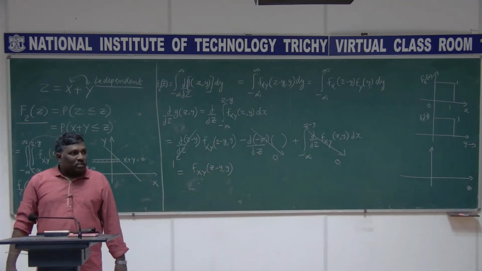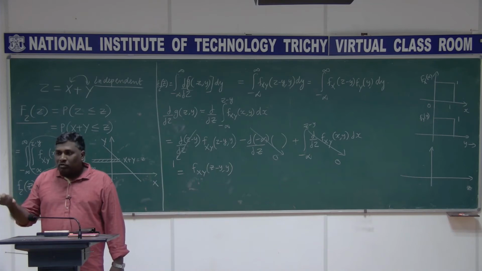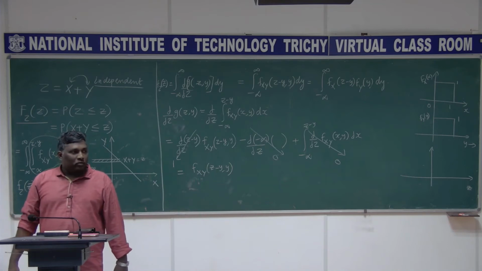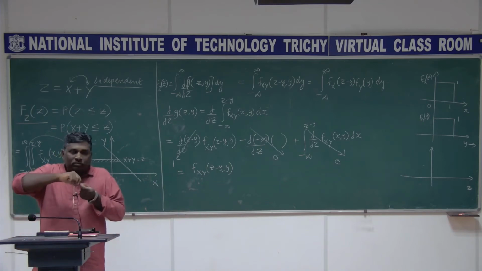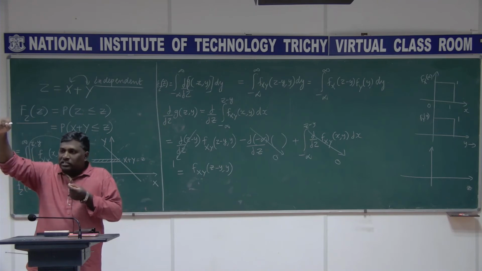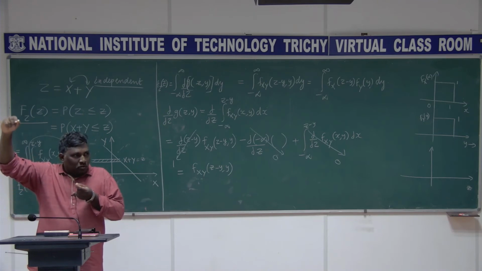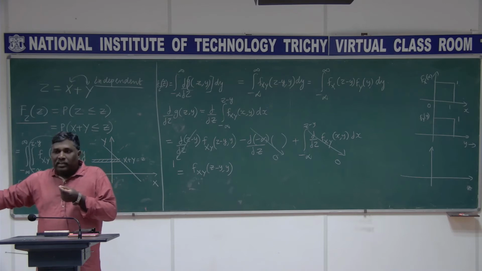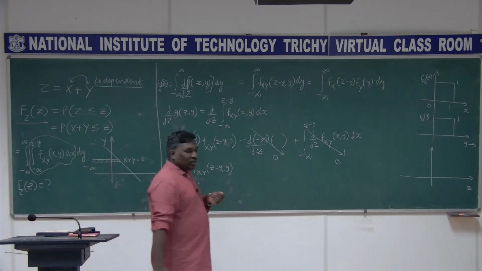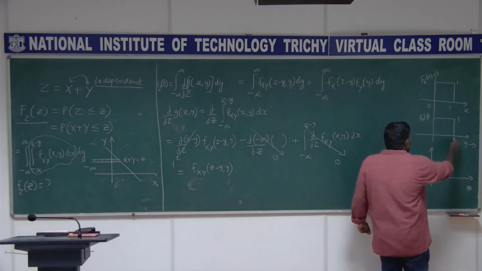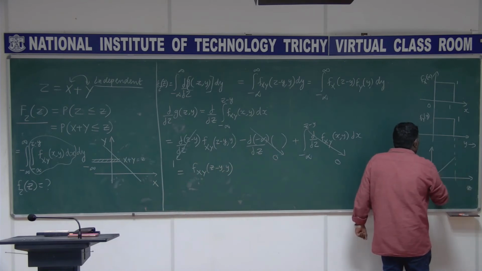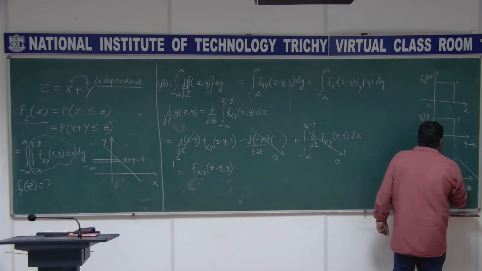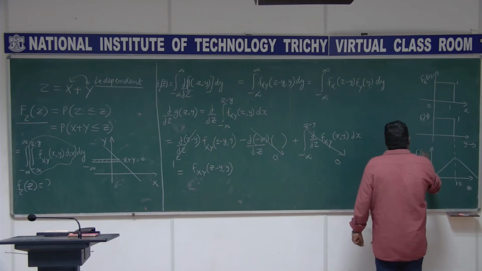To perform this convolution, we know that you flip it and do correlation. If I do that, it starts with 0 and gradually increases up to the point 1, and then finally it decreases. You get the shape of a triangle, like this. So this is going to be your fz of z.